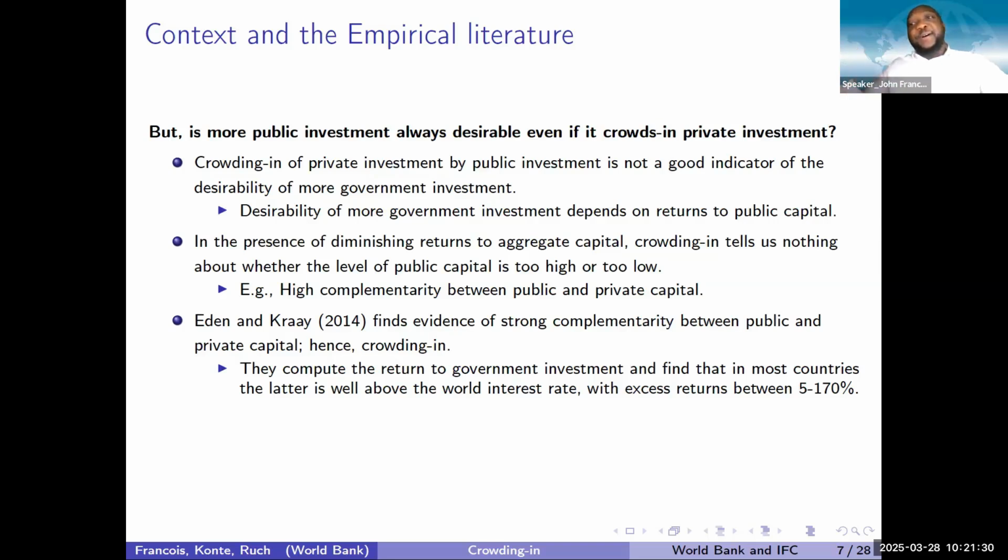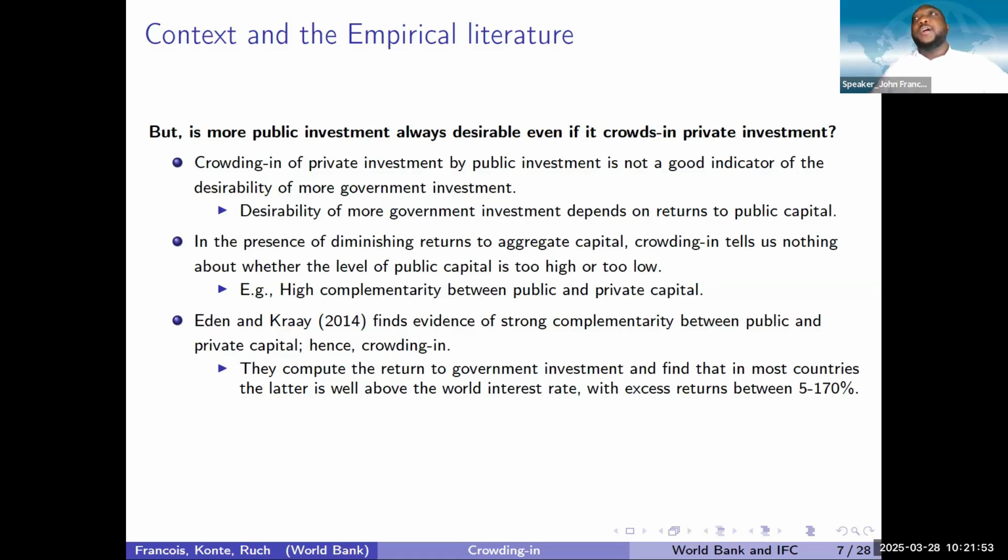Because we all know the law of diminishing marginal returns, right? There's a sweet spot after which additional investment may actually have a detrimental impact on the economy as a whole. So just quantifying the crowding in effect of public investment on private investment is not a sufficient indicator.